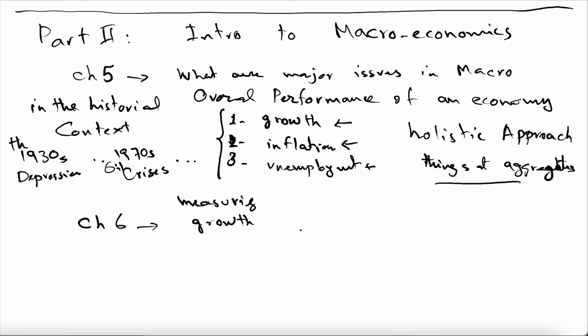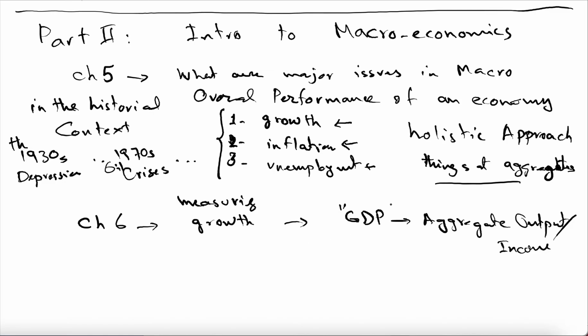Measuring growth: we need something, and we call that something gross domestic product, which is a reflection of the aggregate output or income of a country. So this GDP, we will see how we can measure it, and with the help of GDP we will measure the growth.